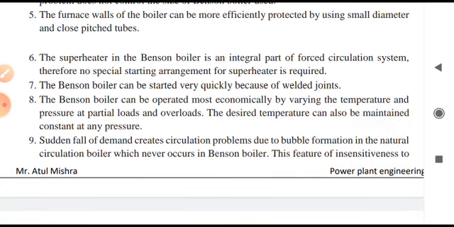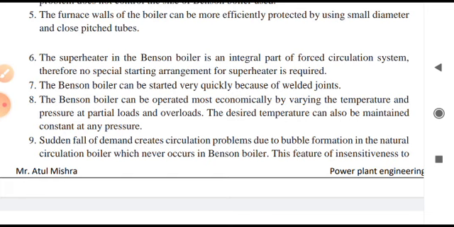The superheater in the Benson boiler is an integral part of the forced circulation system. Therefore, no special starting arrangement for the superheater is required. The Benson boiler can be started very quickly because of welded joints. It can be operated most economically by varying the temperature and pressure at partial load and overload.